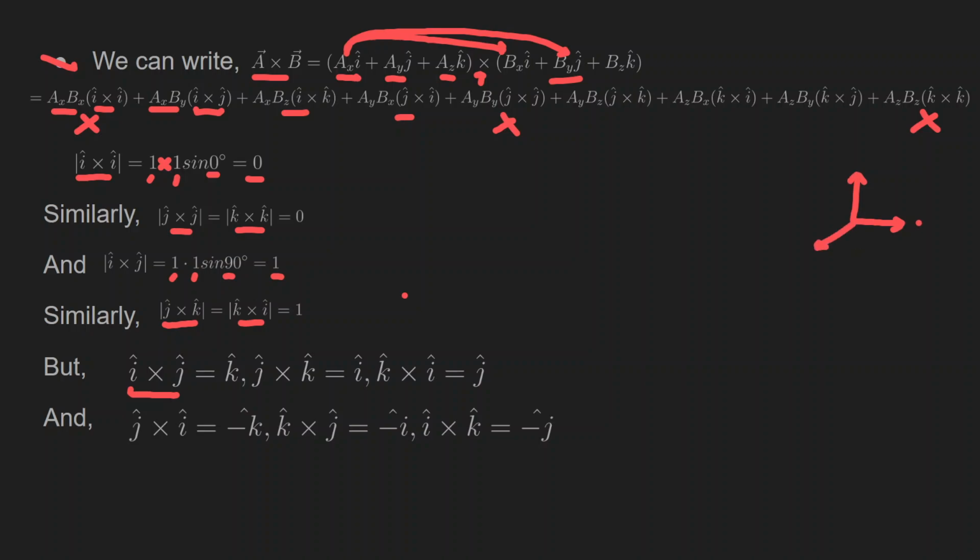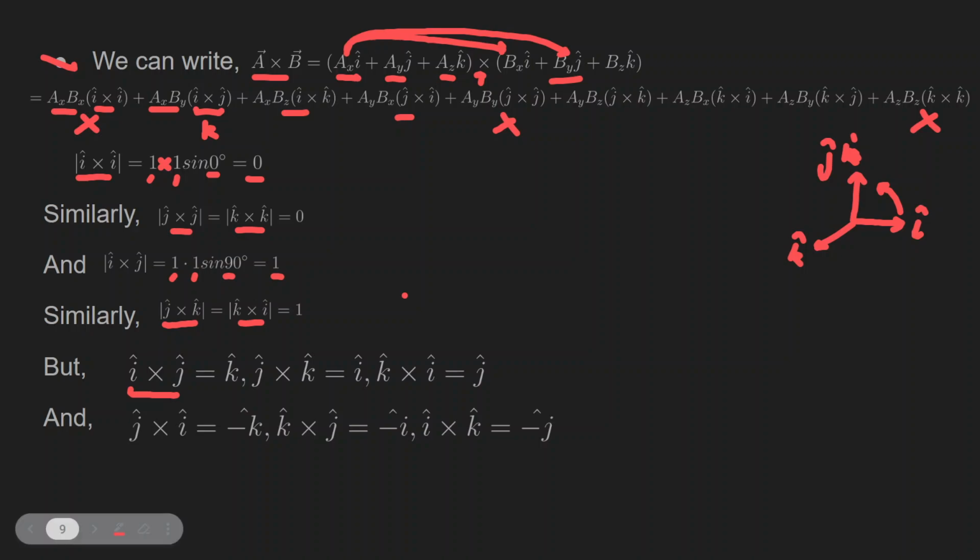Now curl it to the direction of J, so you rotate your fingers in this direction. Check, your thumb will be pointing in the K direction. So I cross J will become K.